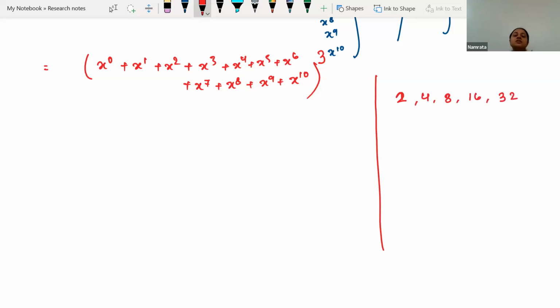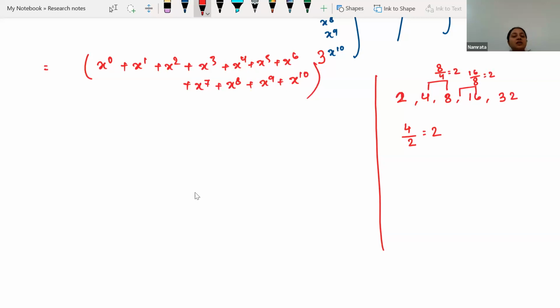Just like arithmetic progression, there is a geometric progression where, in arithmetic progression it was a common difference, here we have a common ratio. If you find the ratio between 4 and 2, you get 2. If you find the ratio of 8 by 4, you get 2. If you find the ratio of 16 by 8, you get 2.